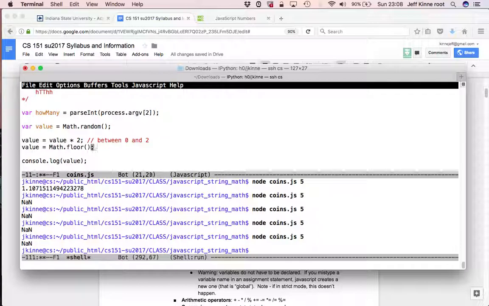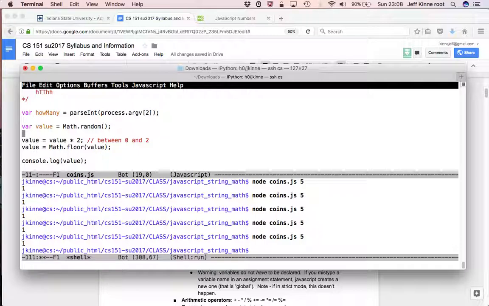So math.floor, you give it a number, it'll cut off the stuff after the decimal point. We should see this come up 0 or 1 roughly 50% of the time.